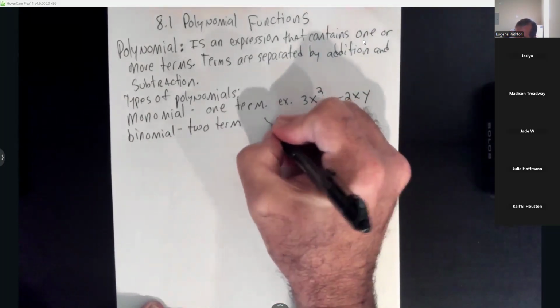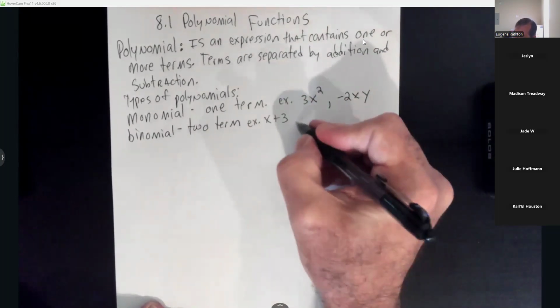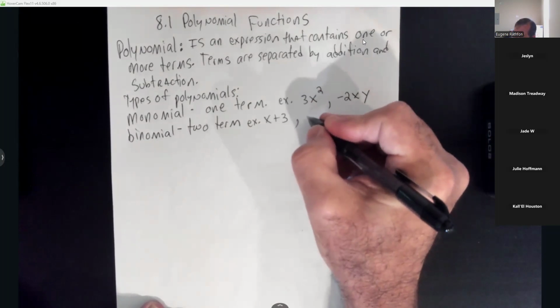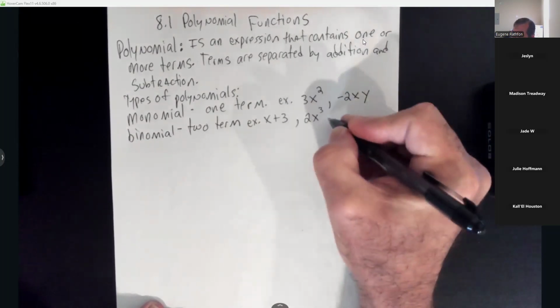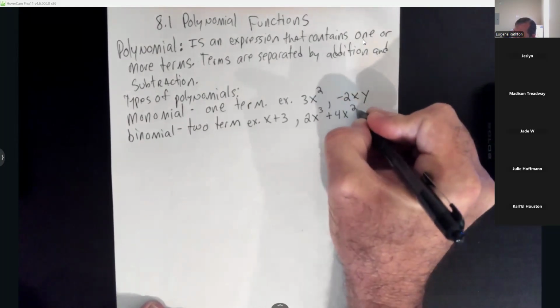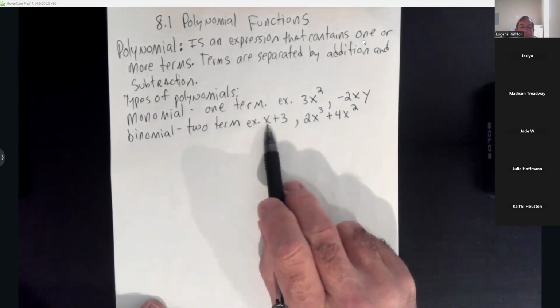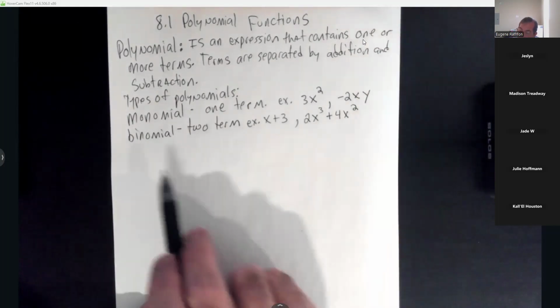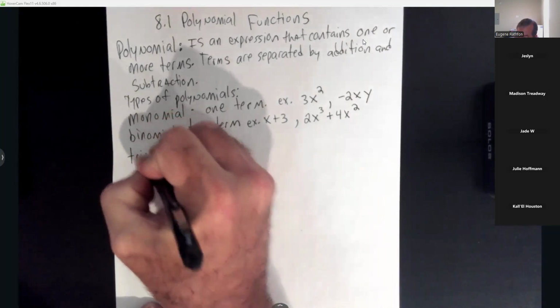So that could be x plus 3, 2x cubed plus 4x squared. So two terms on these, okay? Next, you have a trinomial.